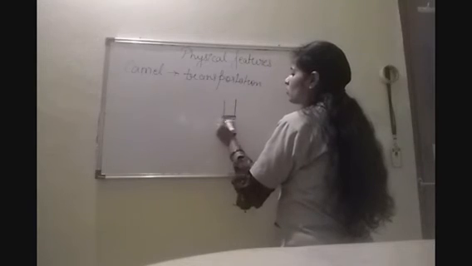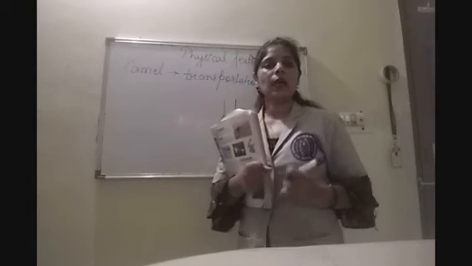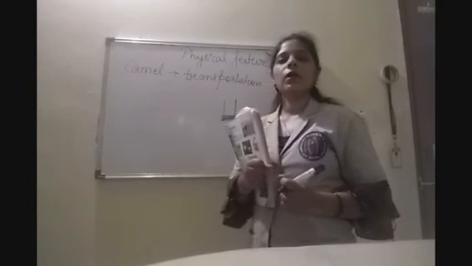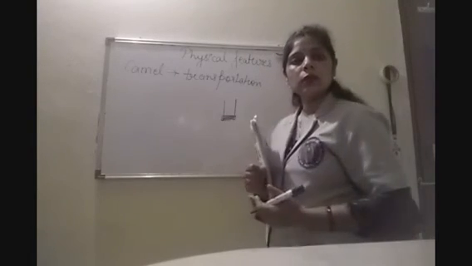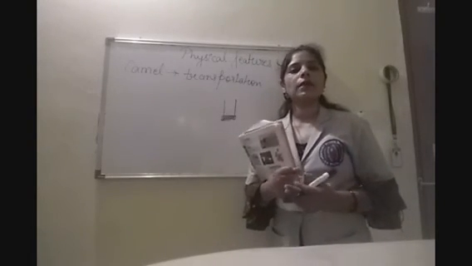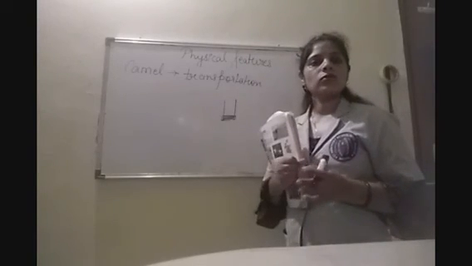Just imagine a stick. When you are walking with the help of a stick, why does it become easy? Because it just goes straight inside the sand and it is easy to take out. So one feature of the camel is that it has hoofs, so it can walk easily.